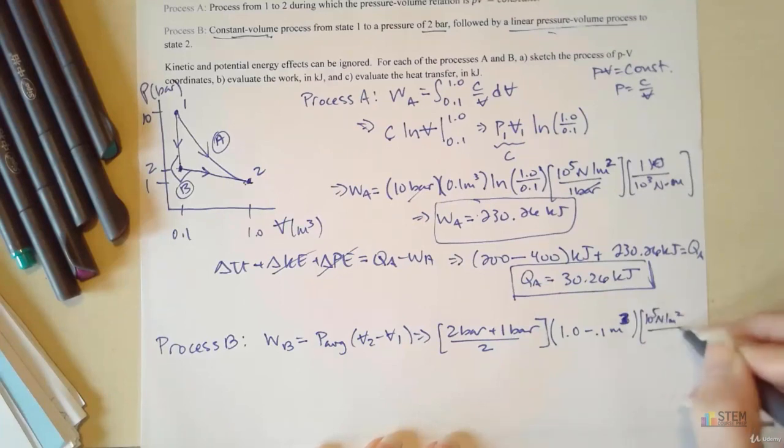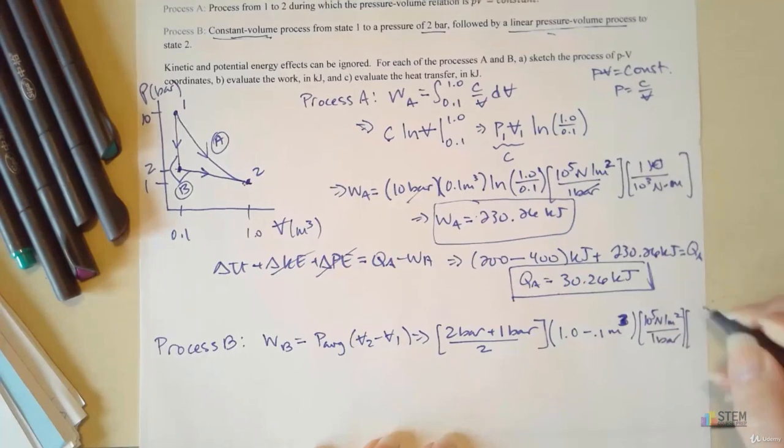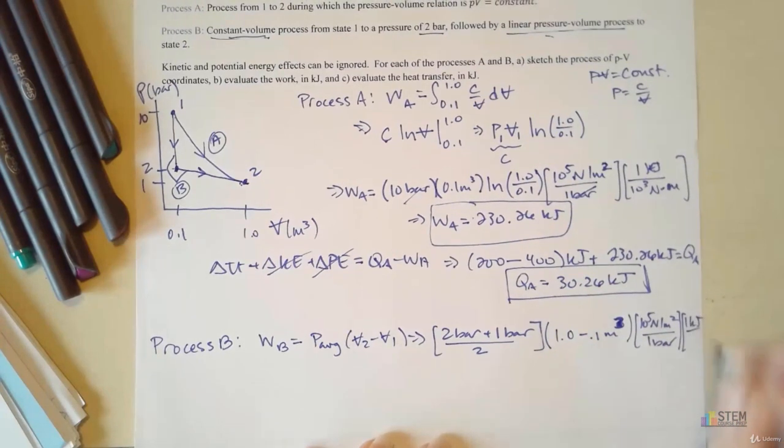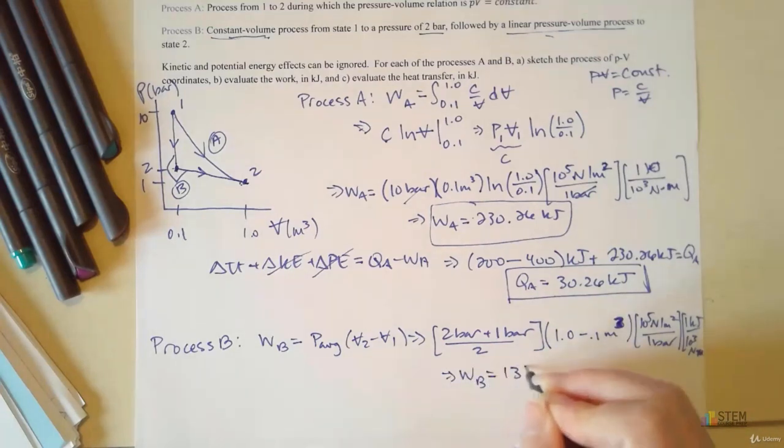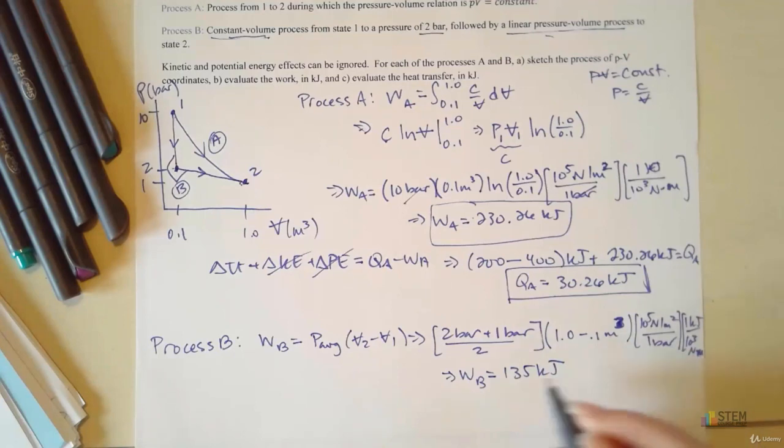So you get 10 to the 5th Newton per meter squared per 1 bar, and then multiply that by 1 kilojoule per 10 to the 3rd Newton meters. All right, and so then that will give you the conversions that you need, so you can go through and solve. So the work for process B is going to be 135 kilojoules.